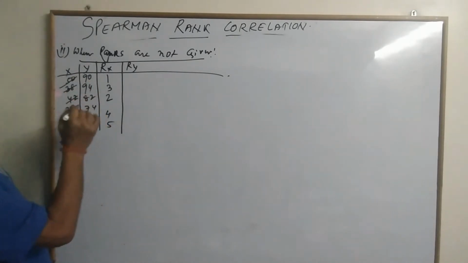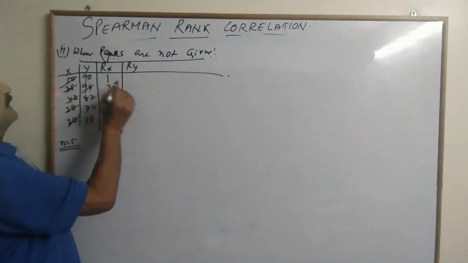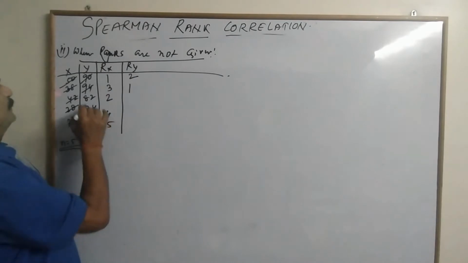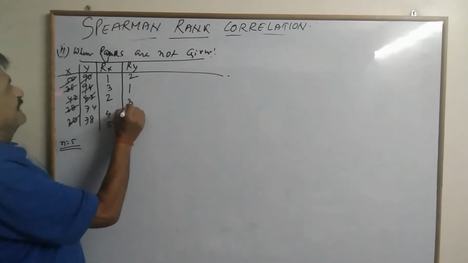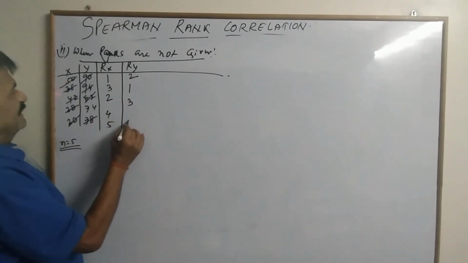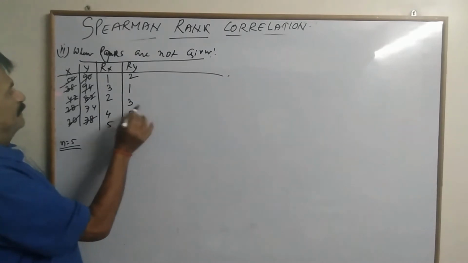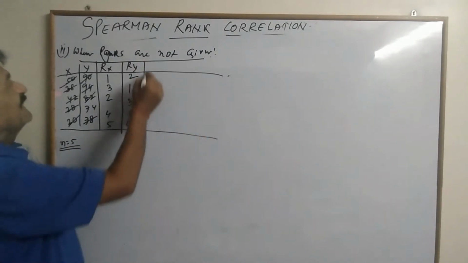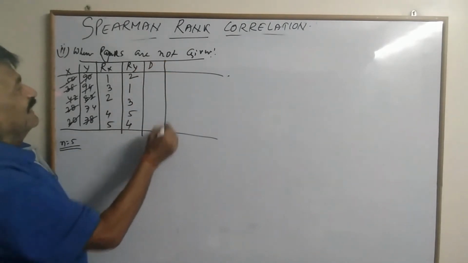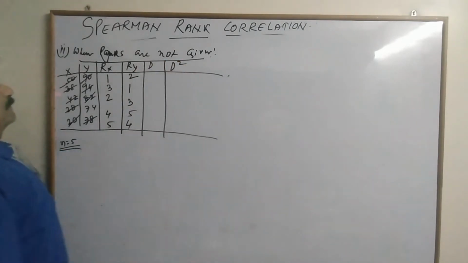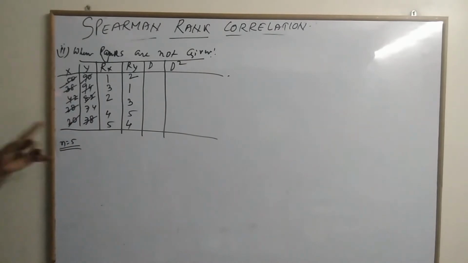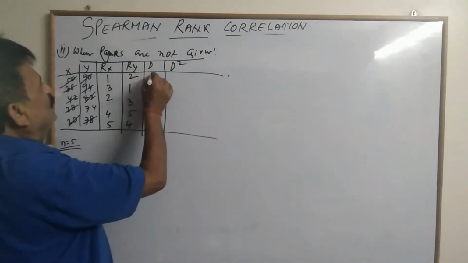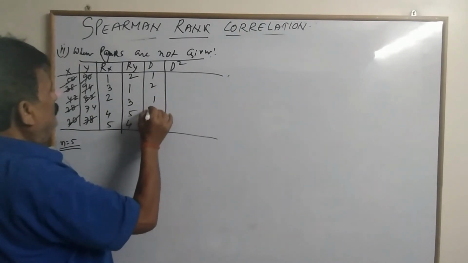In this case, the largest number 94 gets rank 1, then this is 2, this is 3, this is 4, and this one is 5. So if these are the ranks, there is a play of numbers from 1 to 5, and these have become the ranks. Now we get the D.